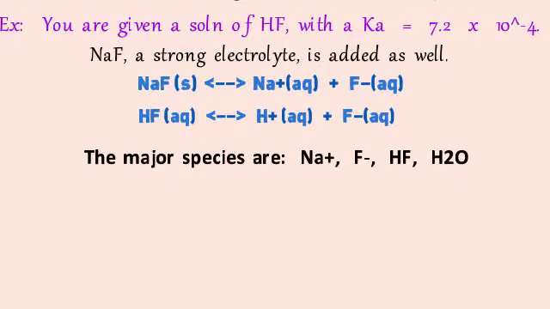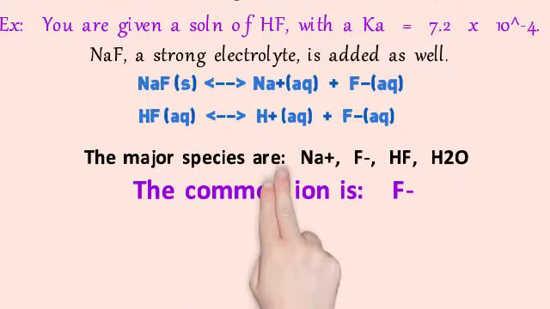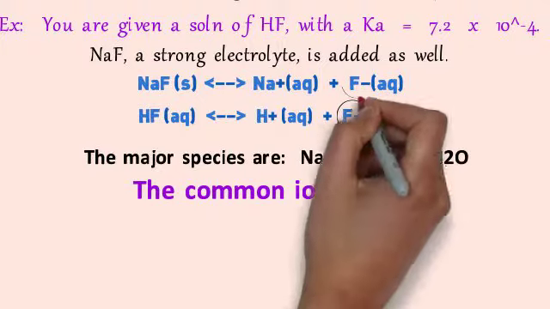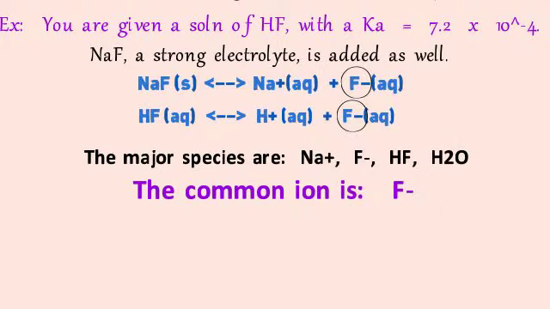And so what is the common ion? The common ion is fluoride, F negative, and you can see it if you look at both the equations. You will see it's present in one and it's present in the other. So this is called the common ion.